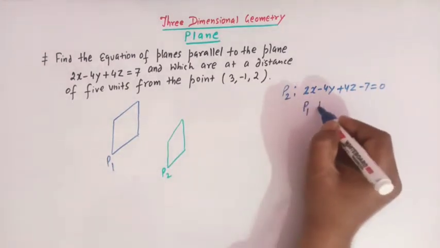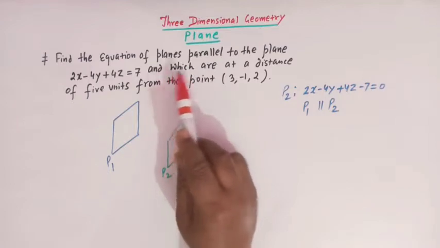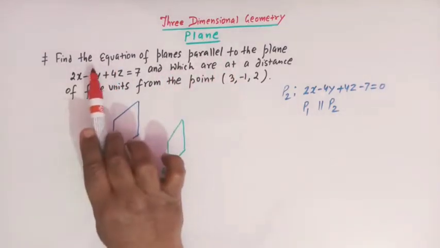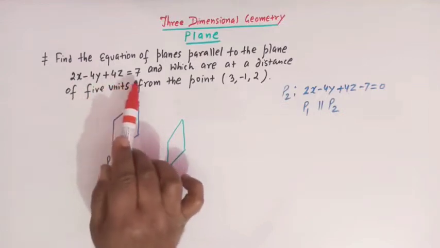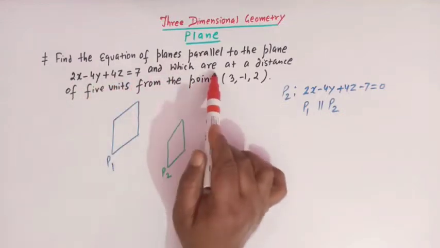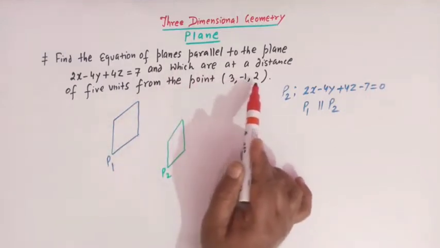So P1 is parallel to P2, and we have one more condition, that the plane is at a distance of 5 units from the point (3, -1, 2).